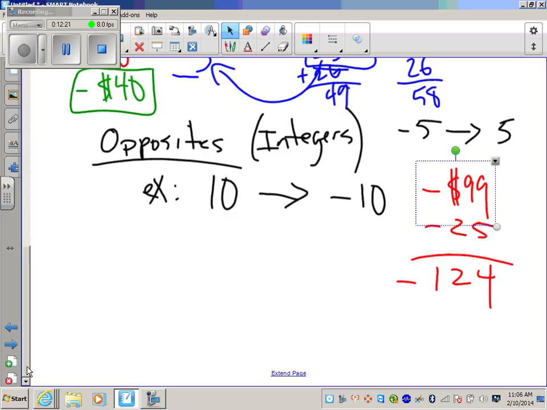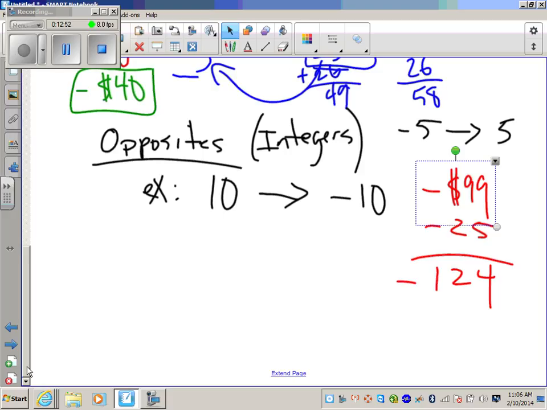Negative, positive 71. Negative 71. Negative 1,320. Number 8, negative 6 1/8. 9, positive 2. Negative 2. 10, negative 29. 11, negative 4.65. 12, negative 625. 13, positive 11. 14.